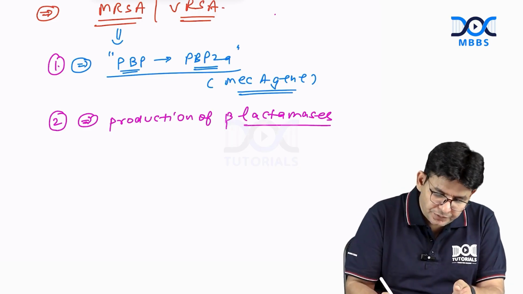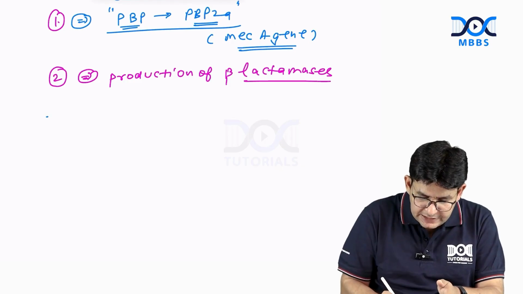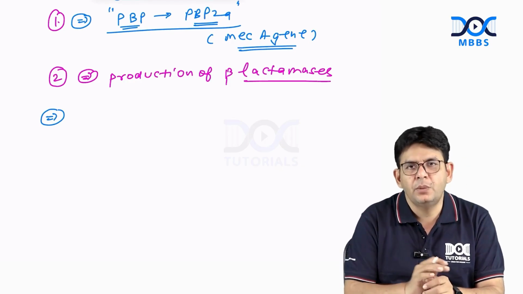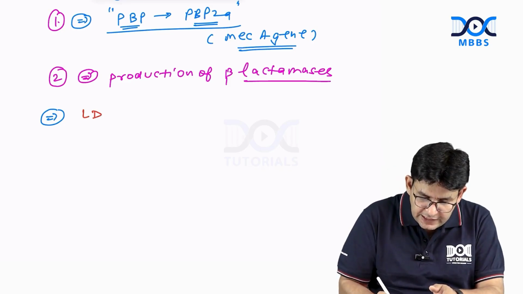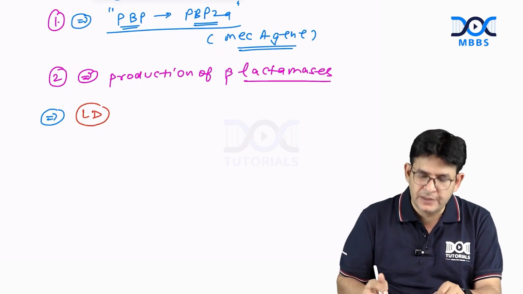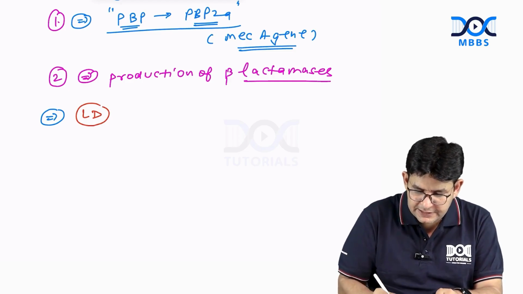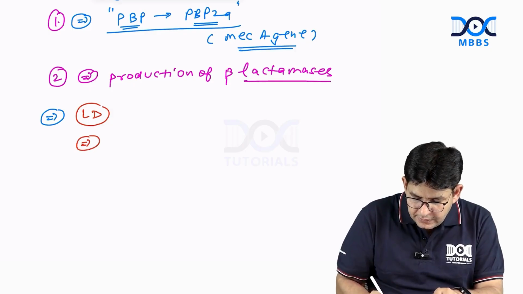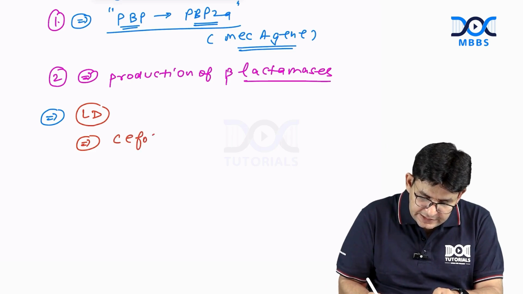Is it fine? Besides that, what else do you need to remember here, guys? Remember how to go for the lab diagnosis of MRSA. For the lab diagnosis of MRSA, you have antibiotic testing. Which particular antibiotic testing?